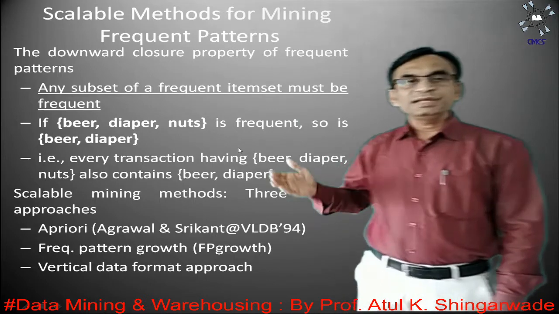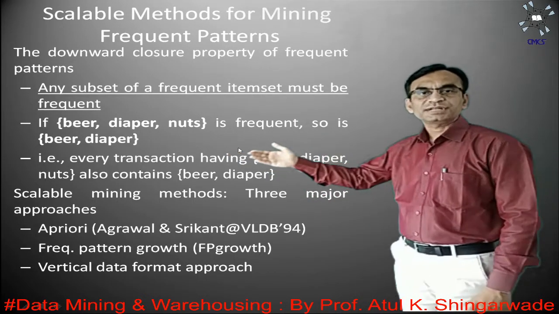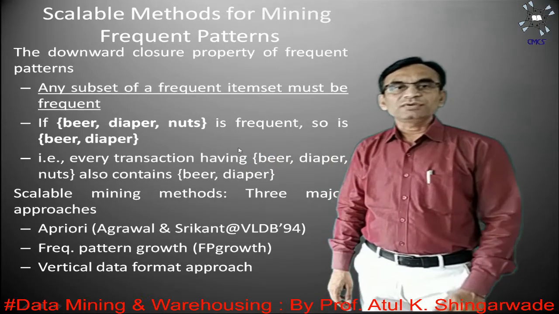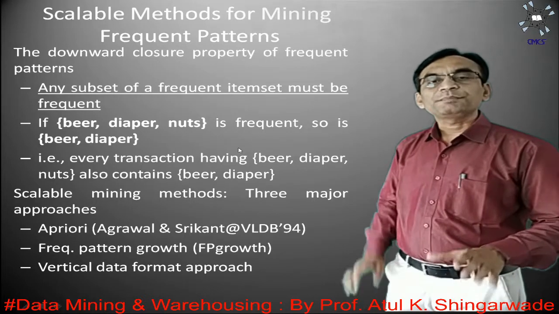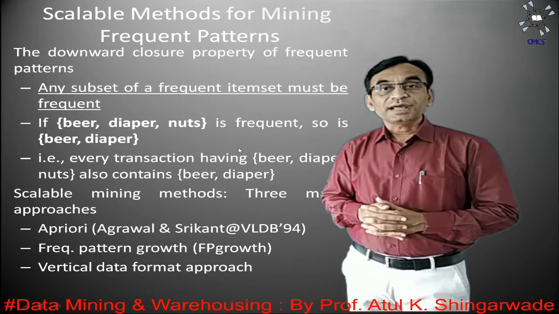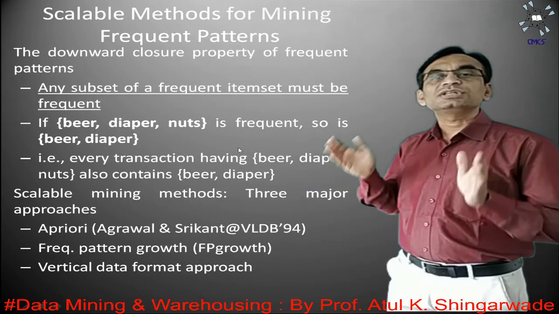As an example, here we have three items inside the item set: beer, diaper and nuts. If beer, diaper and nuts appear frequently inside a transaction database, then the subset beer and diaper is also considered to be frequent.